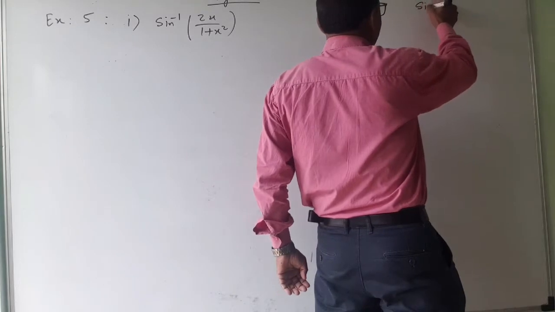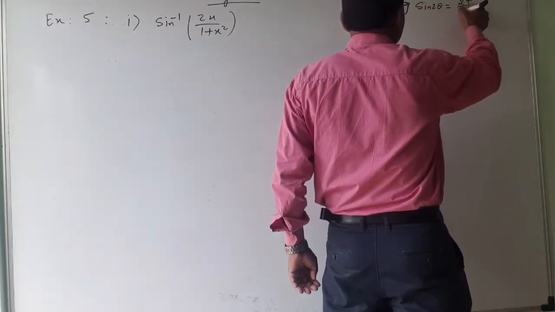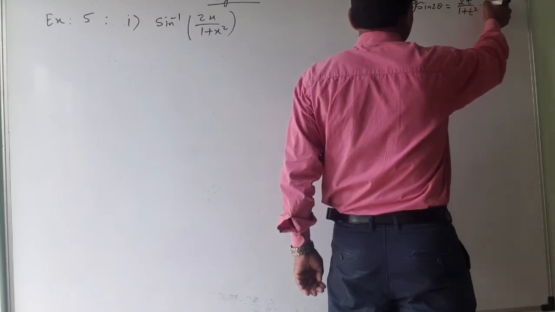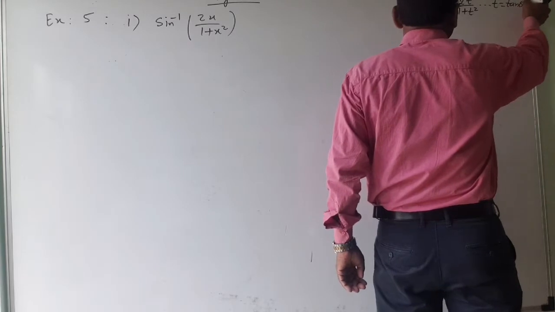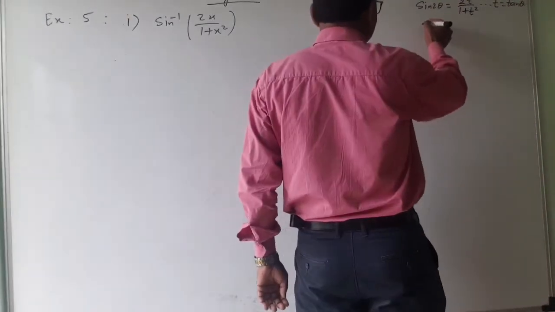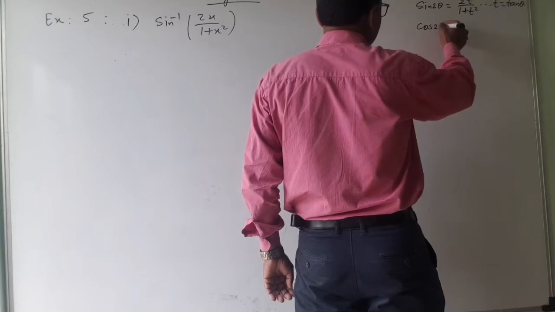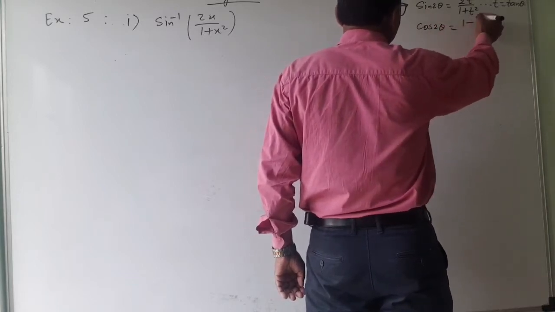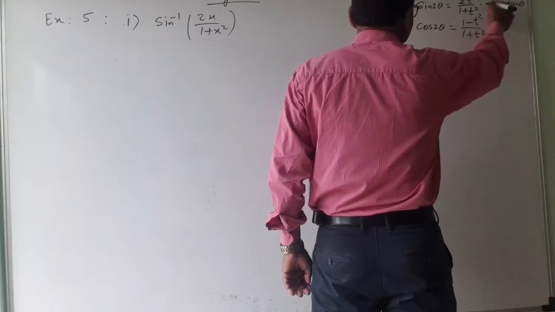Sin 2 theta is equal to 2t upon 1 plus t square, where t is nothing but tan of theta, and cos 2 theta is equal to 1 minus t square upon 1 plus t square.